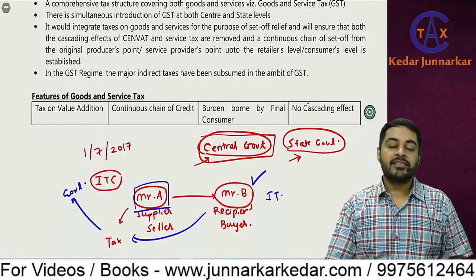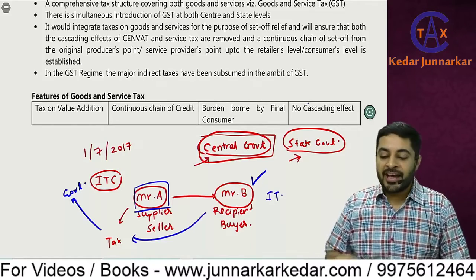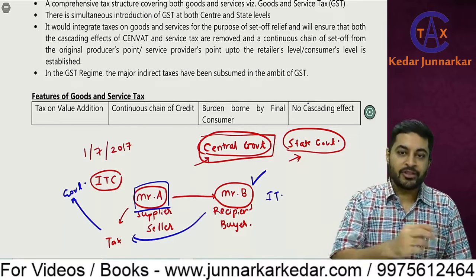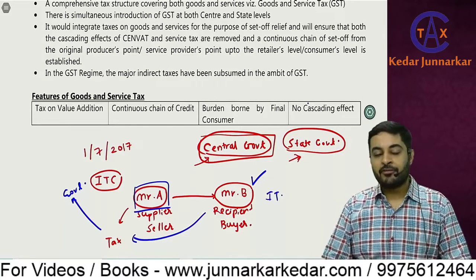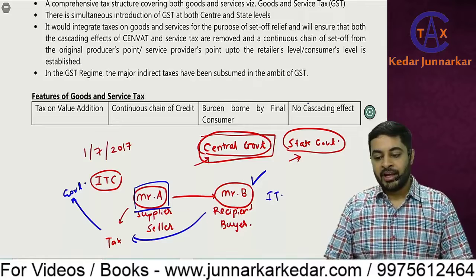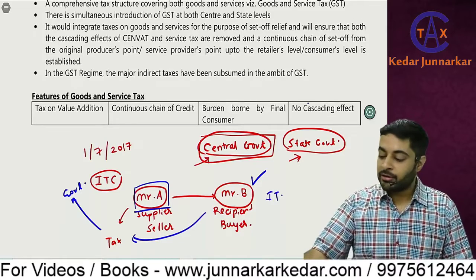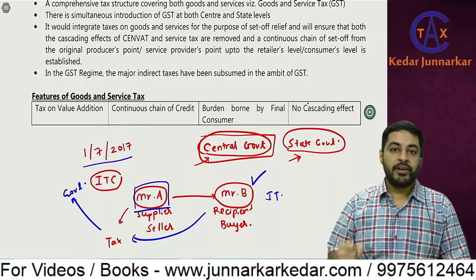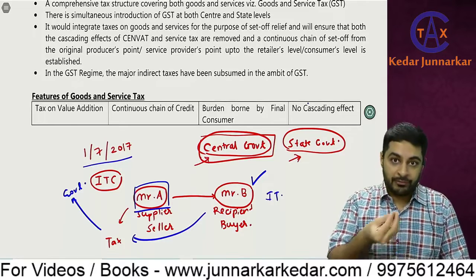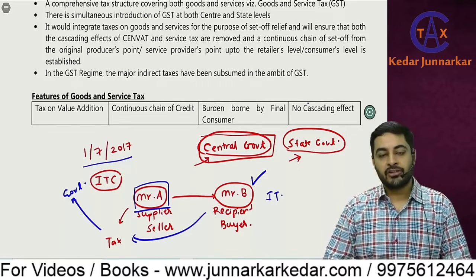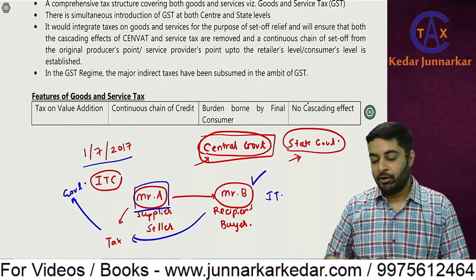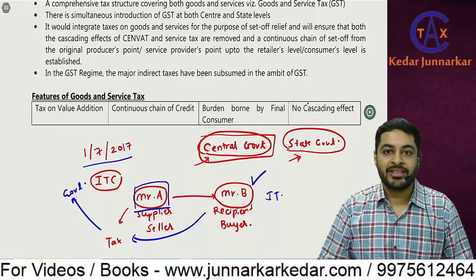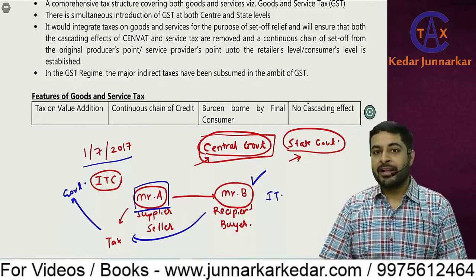Again, there were some transactions where there was an ambiguity. Ambiguity means confusion whether it is goods or service. For example, a restaurant. If I had gone to a restaurant before 1st July, in restaurants we get goods also. That food is goods, and we get service also. Whatever the waiter is providing us, the manager comes and asks how is the food and all, that is a service.